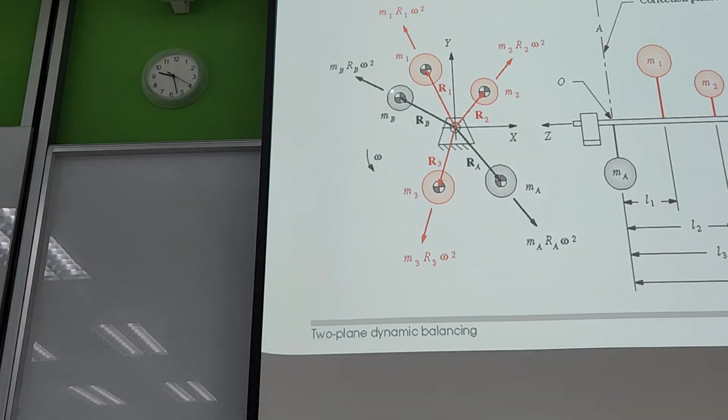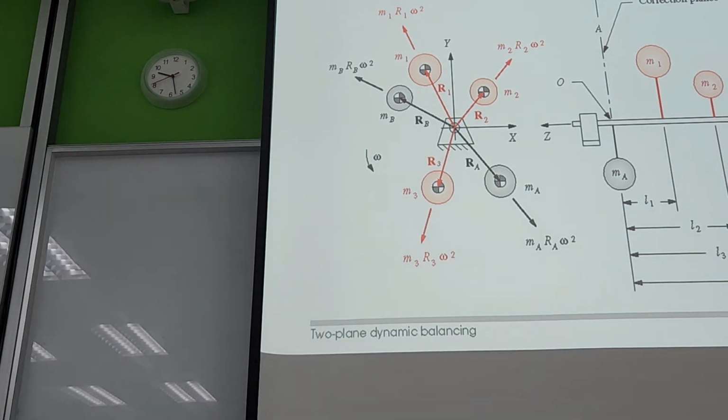The force on correction plane B is MB RB omega square. So we know the orientations also. Theta 1, theta 2, theta 3 will be given to you. Now we need to know the orientation of theta A and theta B. So in this case, what we need to do is not only the sum of the forces, but we need to make the sum of the moments acting on the system zero. What is a moment?